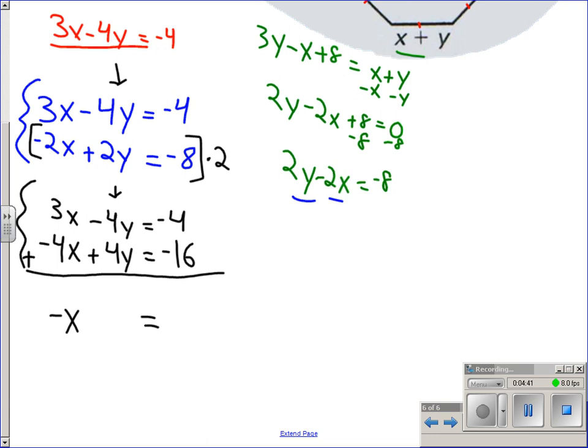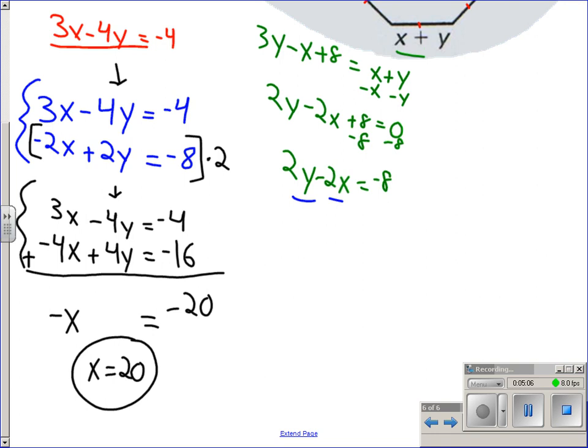We've eliminated the y terms, hence the name, elimination method. Bring down the equal sign: negative 4 plus negative 16 is negative 20. If you divide or multiply both sides by negative 1, what you get is x equals 20. Okay, there's one of our values. It's part of our answer. What we're missing now is the y value.